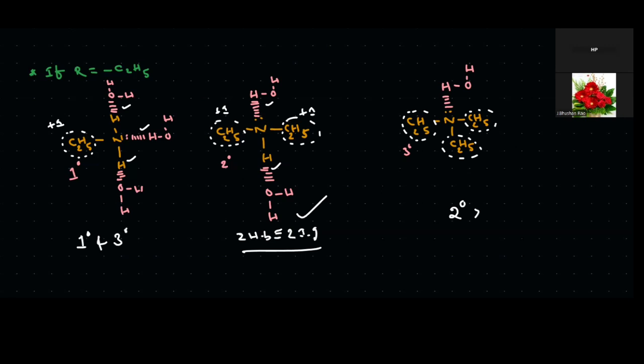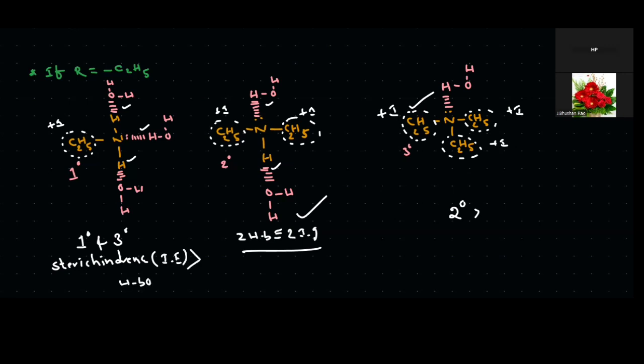Inductive groups are dominating more. Why? Inductive group means steric hindrance, which means the inductive effect dominates more than the hydrogen bonds.